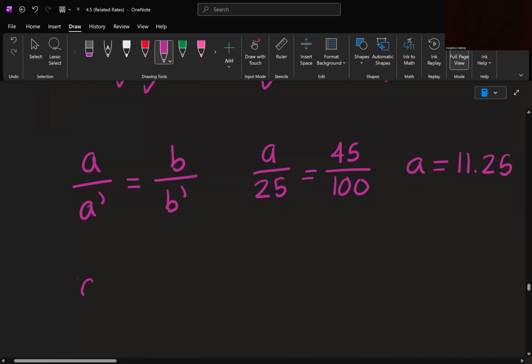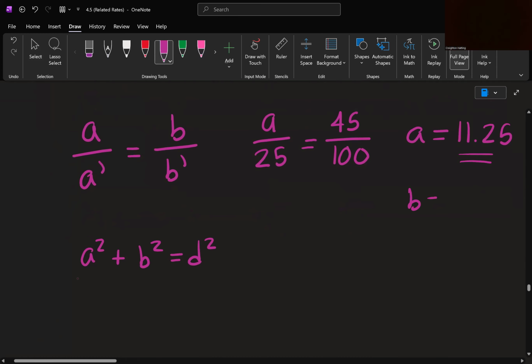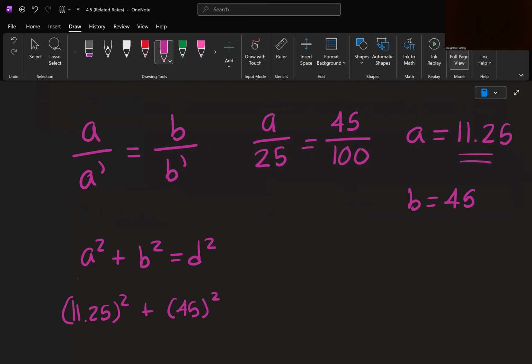D is easy to find because we have the Pythagorean theorem. So let's review that. If A is 11.25 and B, recall, is 45, then we can just take 11.25 squared plus 45 squared equals D squared.